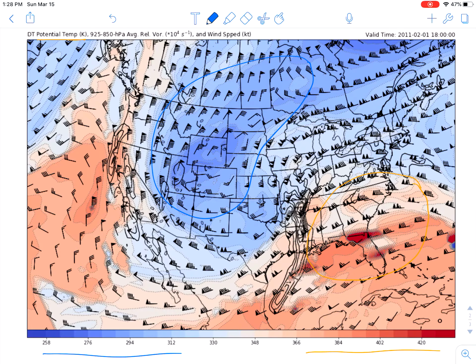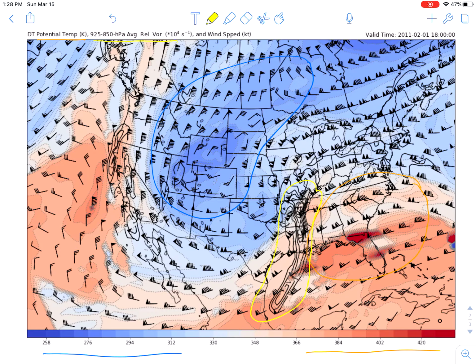Additionally, on this map, we have plotted the winds on this surface. So these are the winds along the dynamic tropopause. But we also have these black contours here, which is a measure of the average low-level relative vorticity.